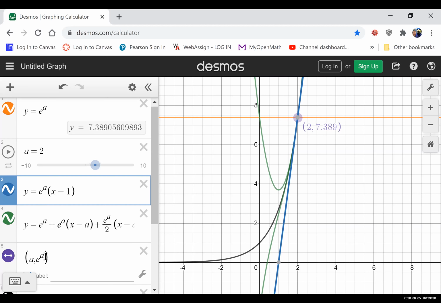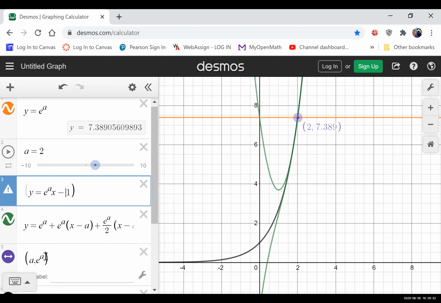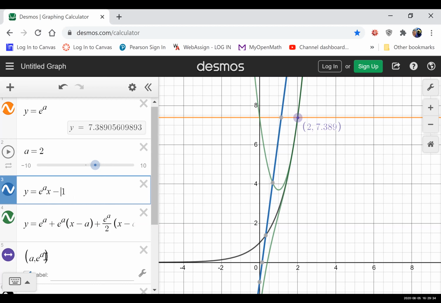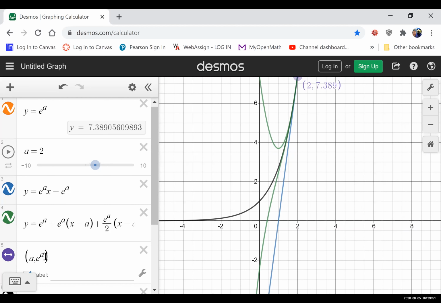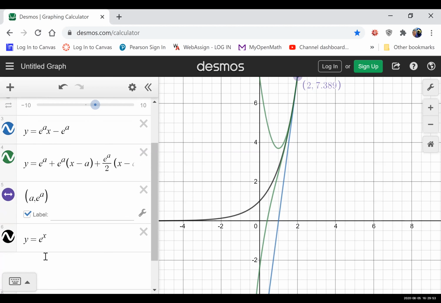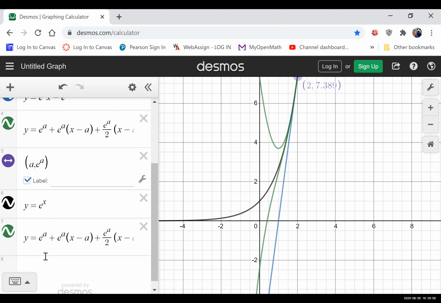I'm going to delete this, then delete that. I'm going to go back to the original, which was e to the a. It's just e to the a. Okay, boom. Okay, let me label this the correct color.